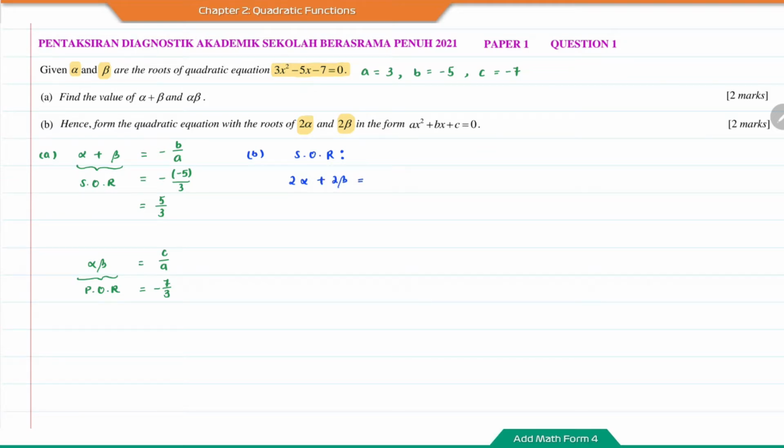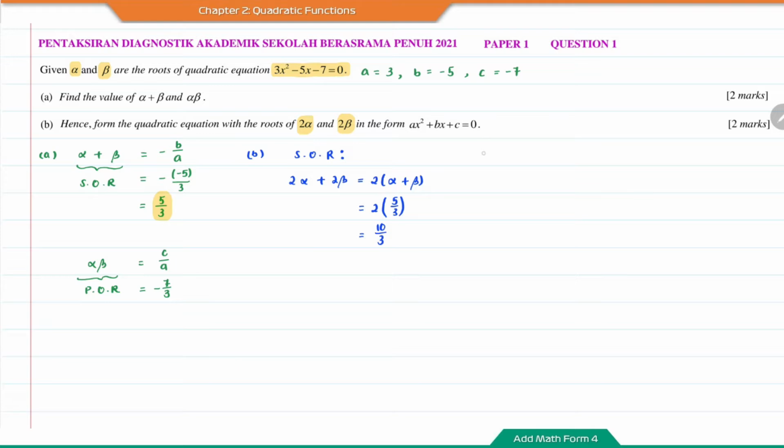Here we have the common factor of 2, so I'm going to factorize this: 2 bracket alpha plus beta. From question A, we know that alpha plus beta is 5 over 3. So I'm going to substitute alpha plus beta with 5 over 3. Solve this, you're going to have 10 over 3.